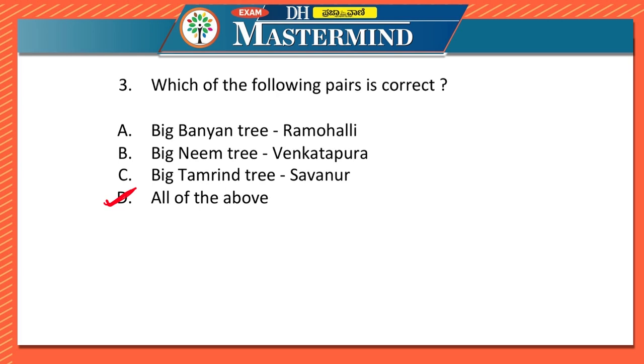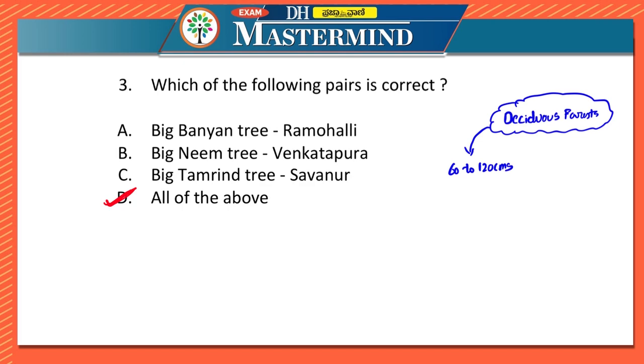Now previously we have discussed evergreen forest. Now we have to discuss deciduous forest as well. In case of deciduous forest, the rainfall is between 60 to 120 centimeters annually.